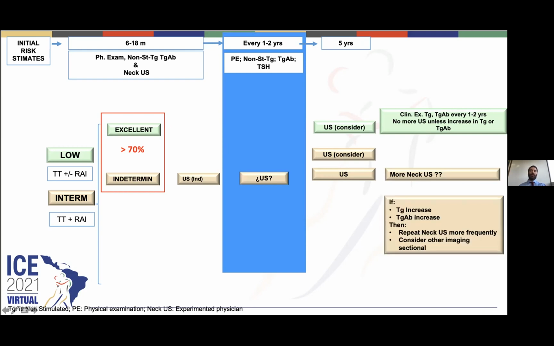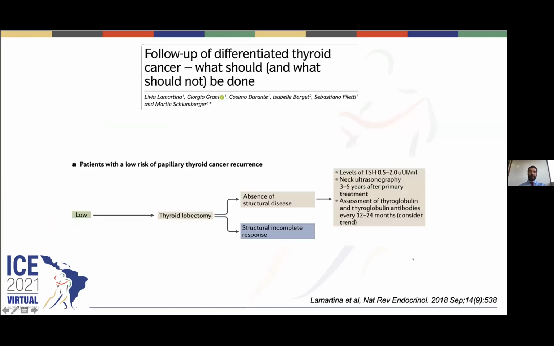But of course, if we have increasing levels of thyroglobulin or thyroglobulin antibodies, we have to repeat neck ultrasound from this time further, and probably with an increasing frequency if the thyroglobulin or thyroglobulin antibodies are increasing importantly. Also, we have to consider other cross-sectional imaging depending on the case.